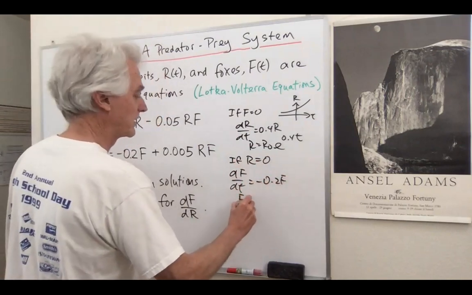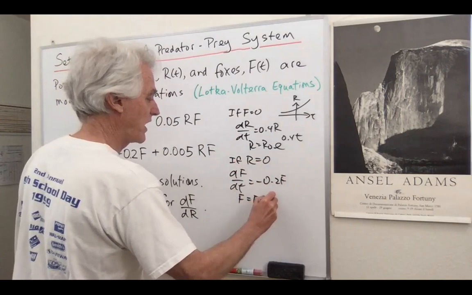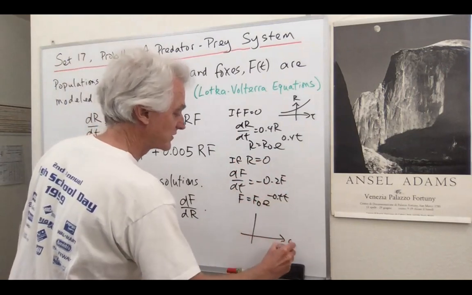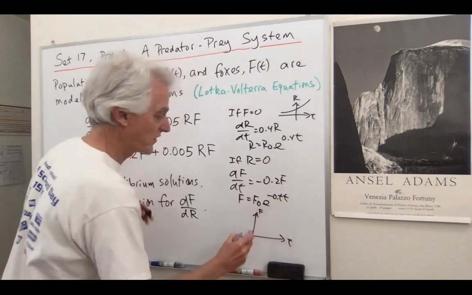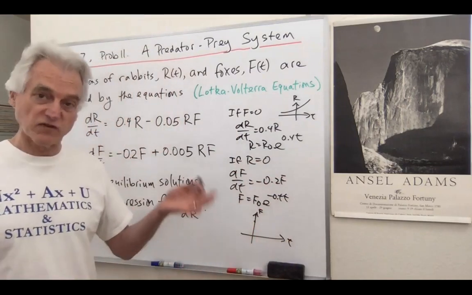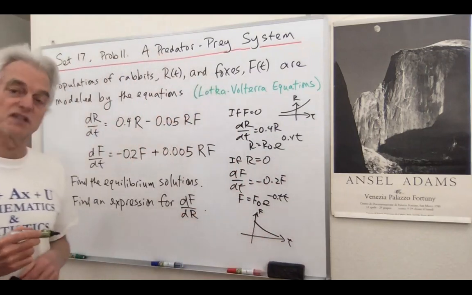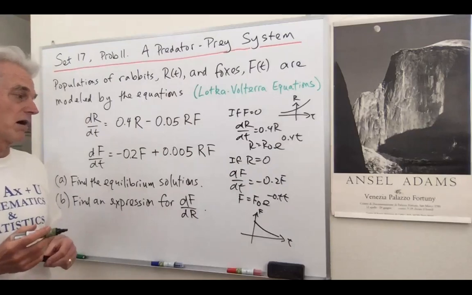So F equals F naught e to the minus 0.2t. So here's t, and here's F. The foxes start off with some fox population, and they decay to 0. They die away.